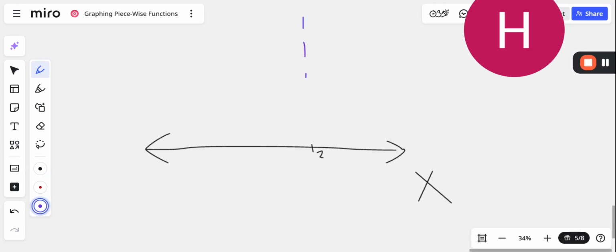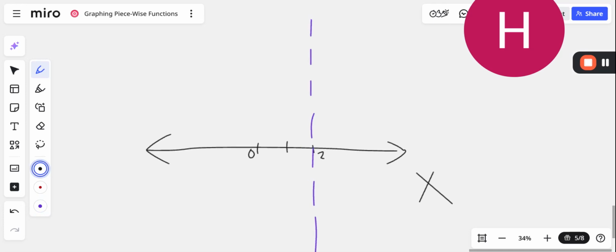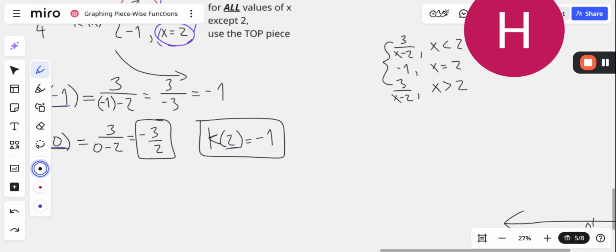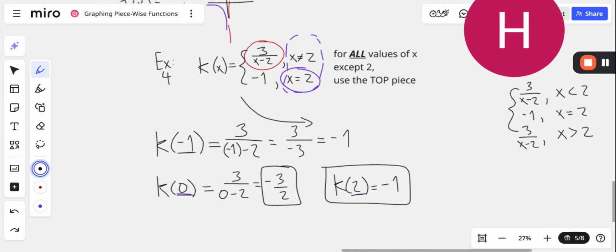And I'm going to put this potential breaking point, but the interesting thing here is that it is literally the asymptote for 3 over x minus 2. So generally we should expect something like that, but let's be a little bit more careful. We have some nice function values that we've plugged in.